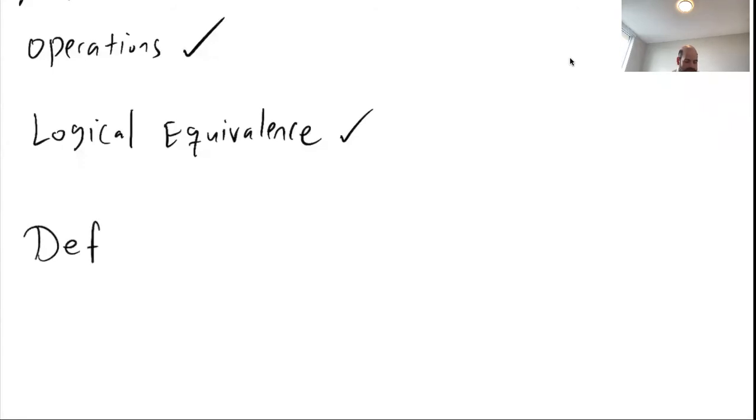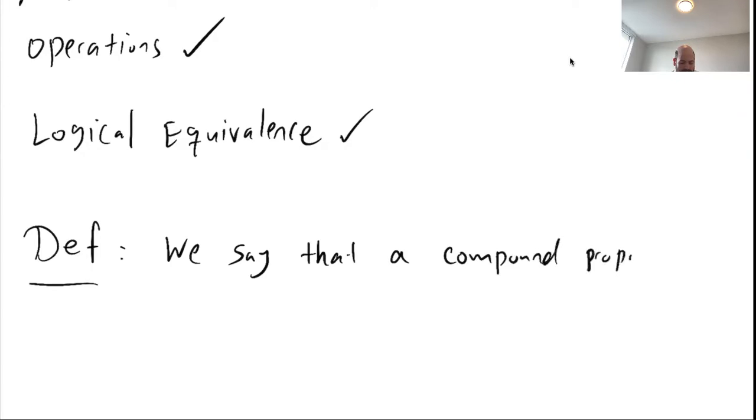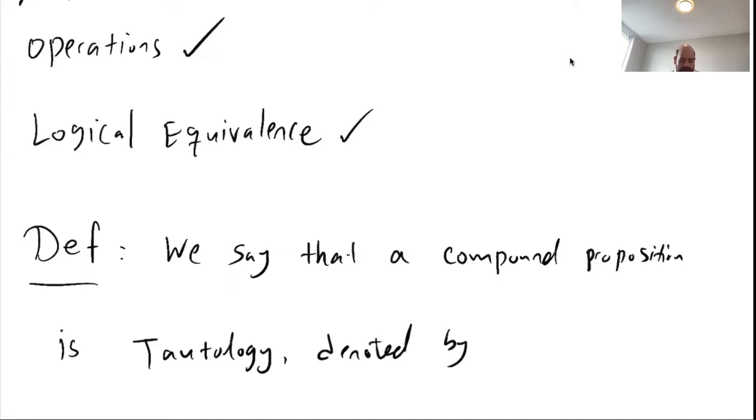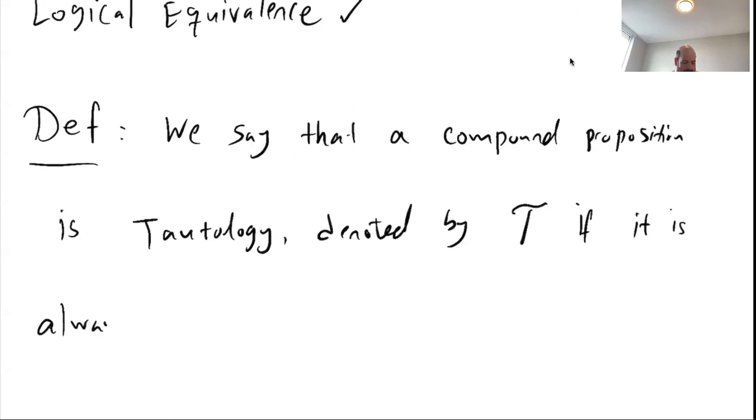Definition: we say that a compound proposition is a tautology, denoted by curly T, if it is always true.